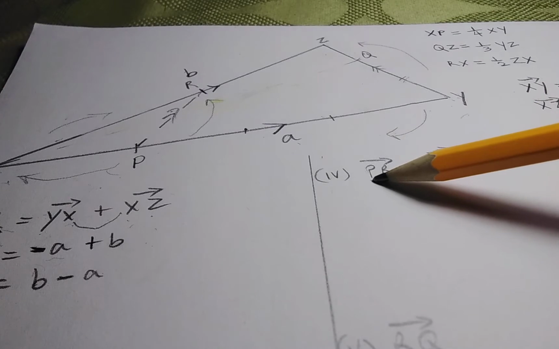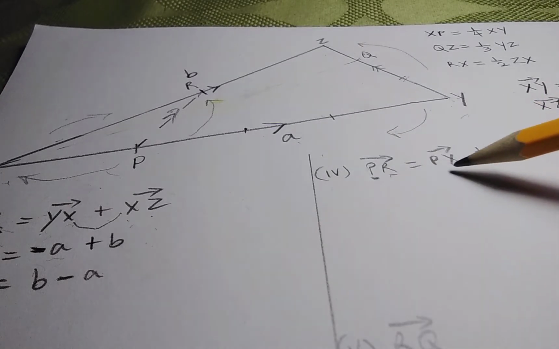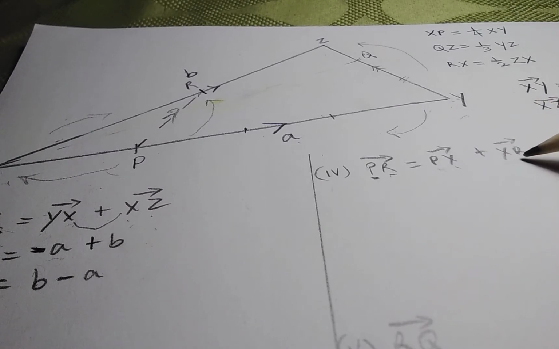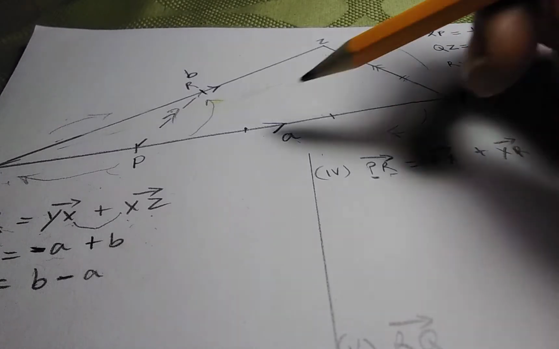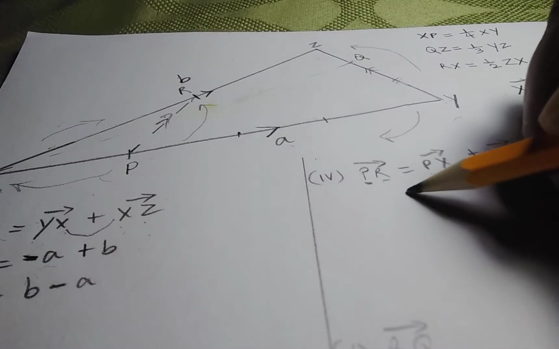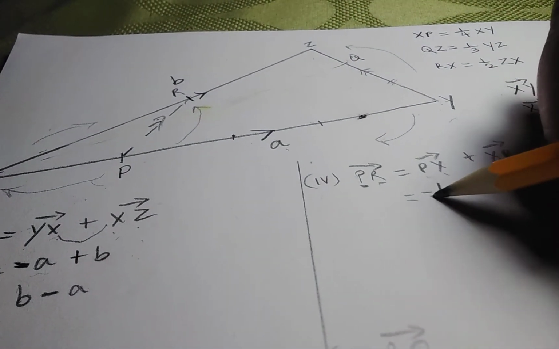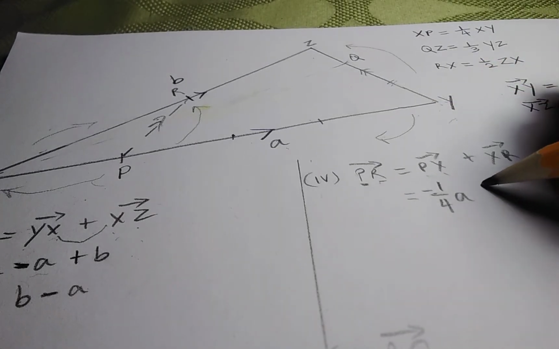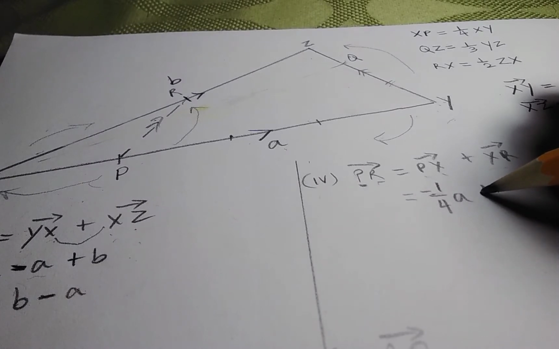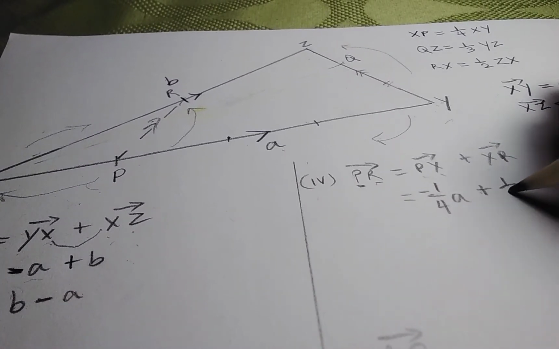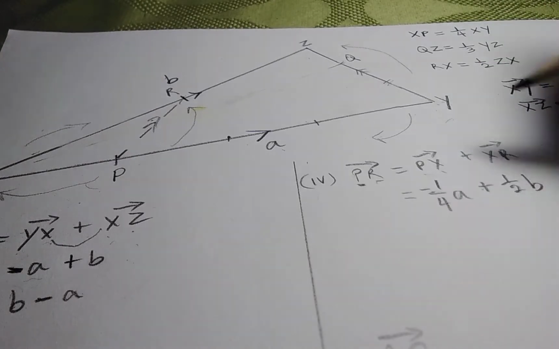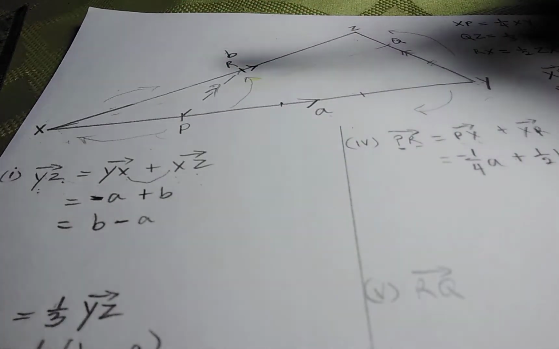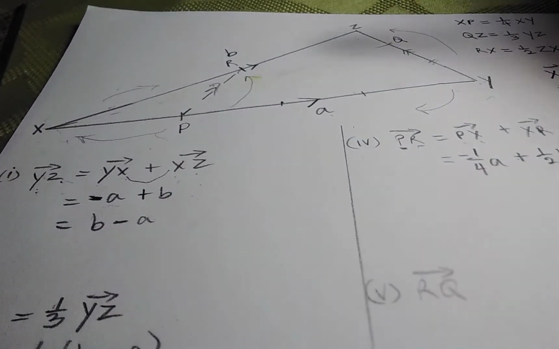Notice we have to start with a P and end with an R. So the vector is PX, first vector, and the second vector is XR, must end with an R. So PX going opposite direction is going to be a negative a quarter A, plus XR would be half of B, because R is the midpoint or halfway point on XZ.